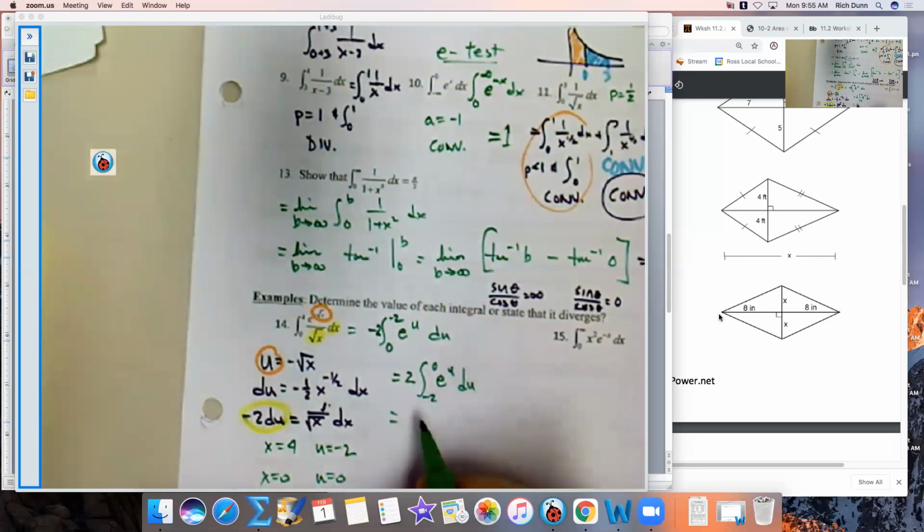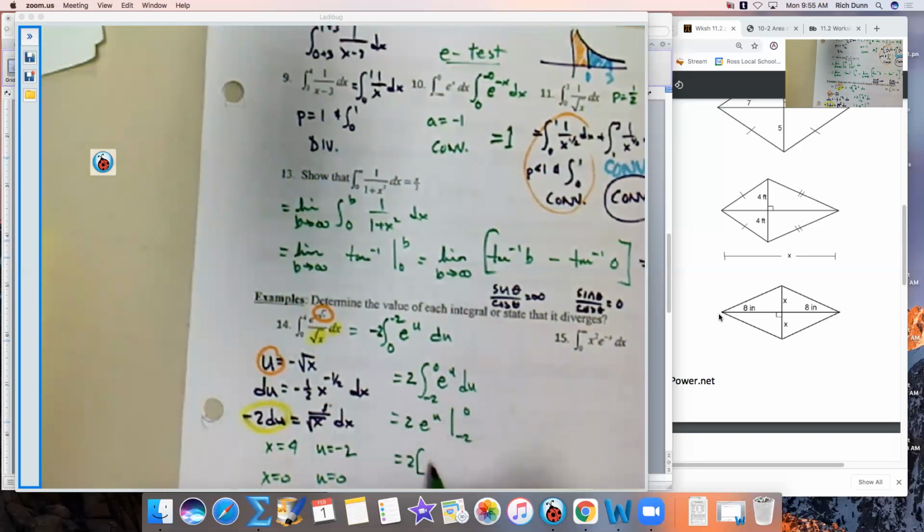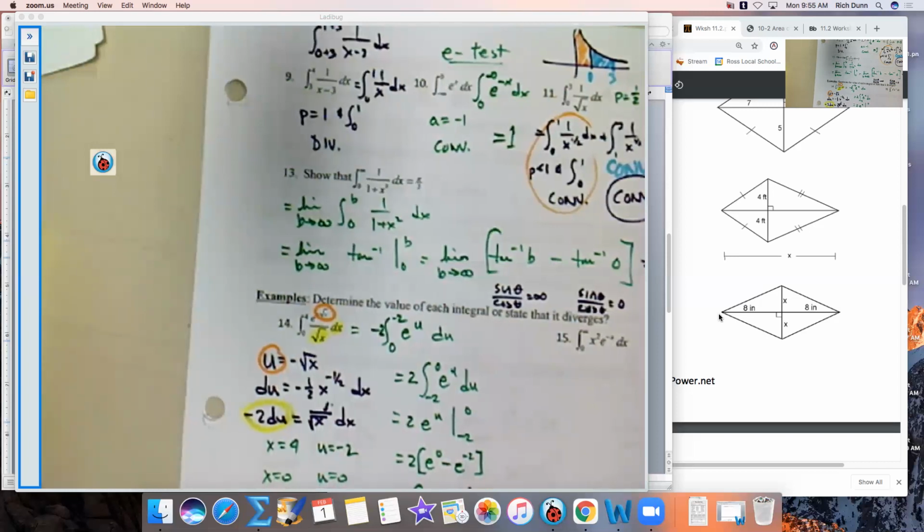So let's go ahead and just put e to the u, evaluate this from negative 2 to 0, factor out the 2, e to the 0 minus e to the negative second power, which simply becomes 2 times 1 minus e to the negative second power.